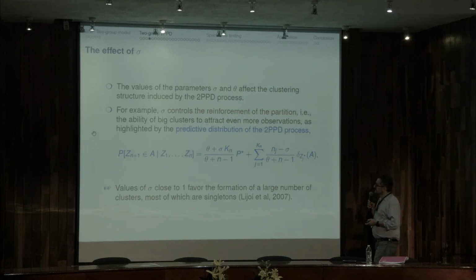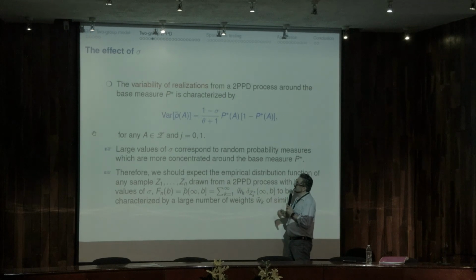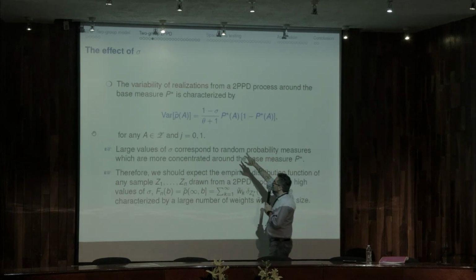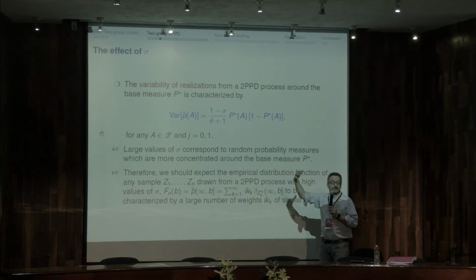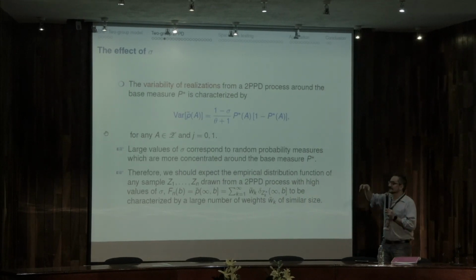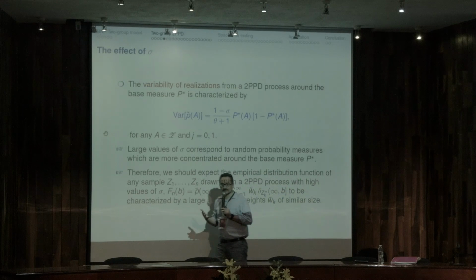On the other hand, sigma also characterizes the variability of the realizations from a two-parameter Poisson-Dirichlet process. In particular, we can see that when sigma becomes close to 1, basically the variability becomes lower, right? So the process is going to concentrate quite tightly around the base measure P star.